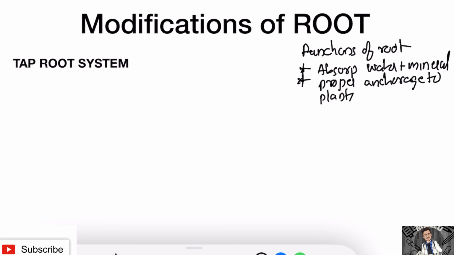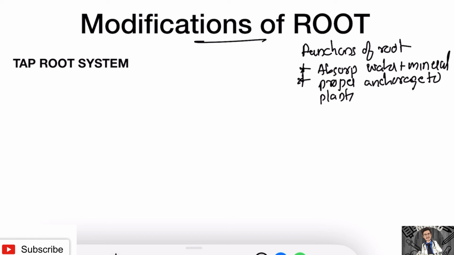Basically these two are the functions of the roots. If the roots perform any other function apart from this, then we call it the modification of root.